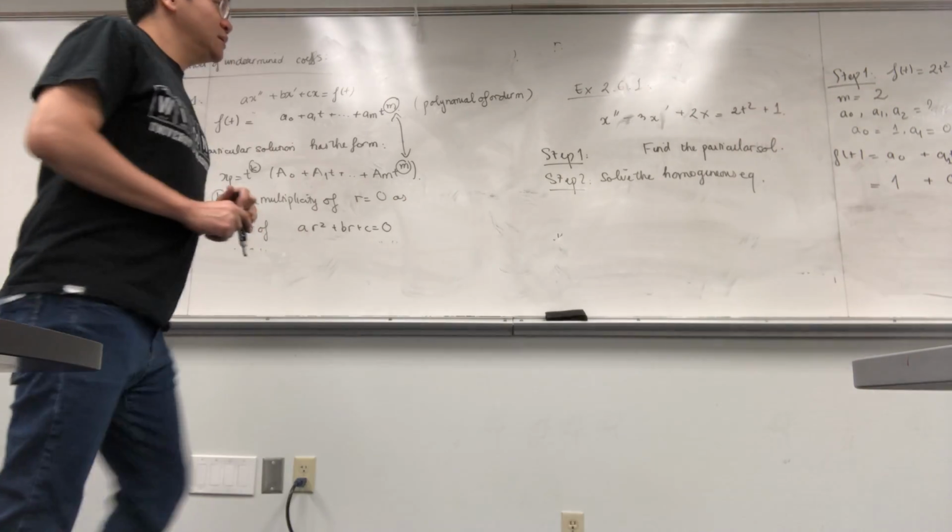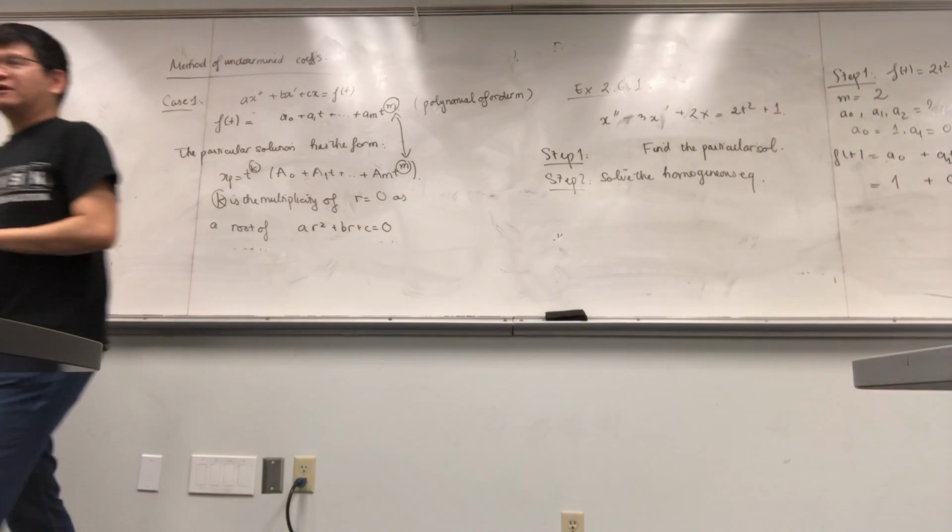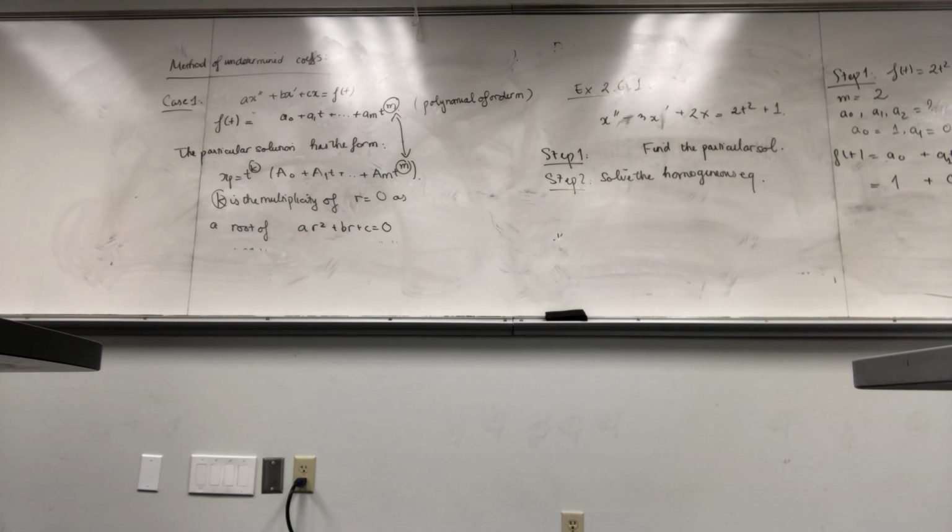Right. So what is the form of x_p? So the particular solution has a given explicit form. In this case, what is the form? Well, it's the form provided there, t to the k times a0 plus a1t plus up to am times t to the m, but we don't know the coefficients yet.